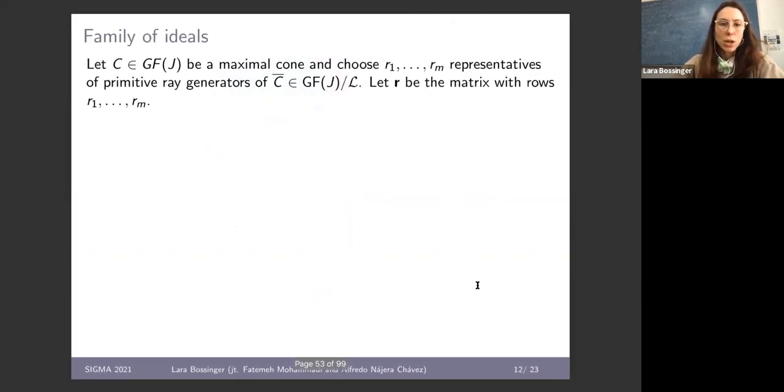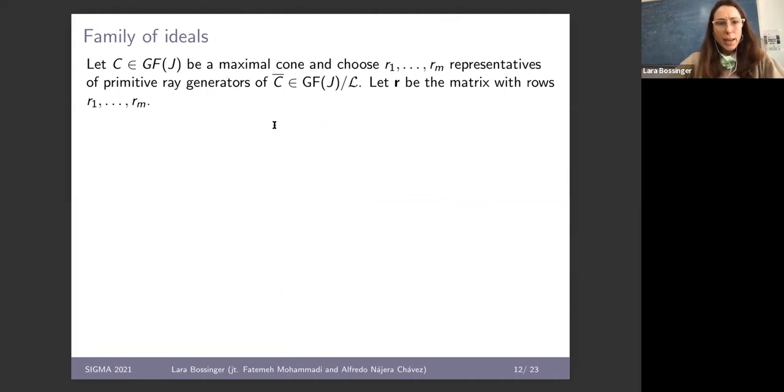Okay, so now I want to upgrade the usual Gröbner degeneration by considering a degeneration not only with respect to a single point in the Gröbner fan, a single weight vector, but a whole cone. And I will do this for a maximal cone. For simplicity, you can also choose a cone of higher codimension.